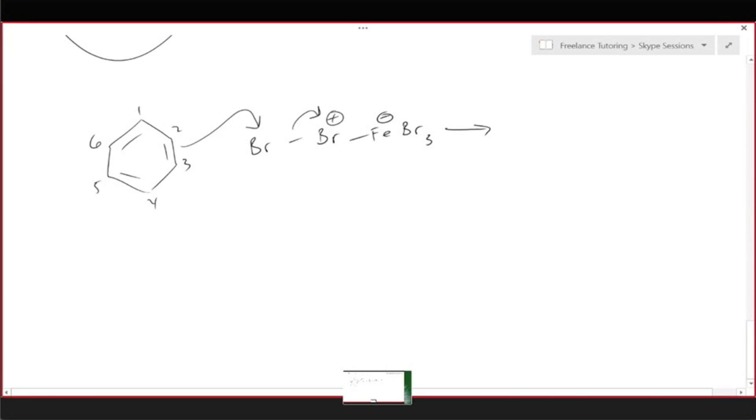Excellent. Good. And this first bromine is attached to an atom with a positive charge, so it makes a good electrophile. Great. And then the bromine, with its attached atoms there, would be a good leaving group because it has a positive charge. Excellent.